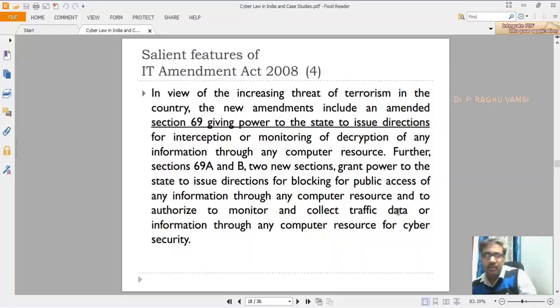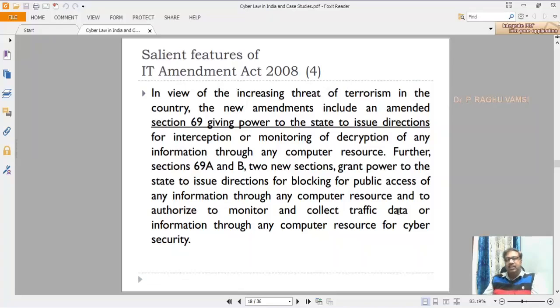Previously, it was very easy to get the information of any person directly by going to the dealer. But it is not possible nowadays because of this provision. Because of the IT Amendment Act, one needs to take approval from the SP of the district to monitor.